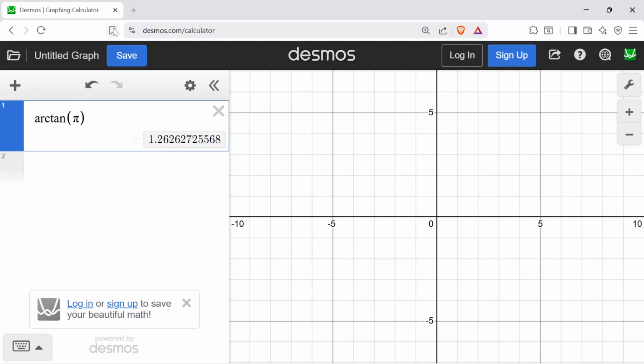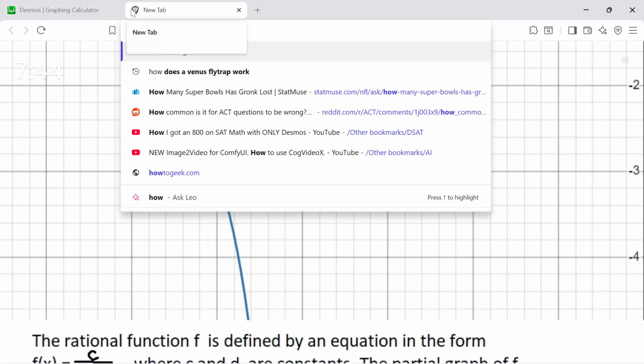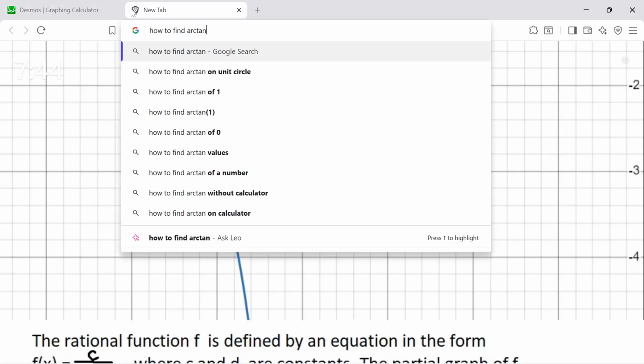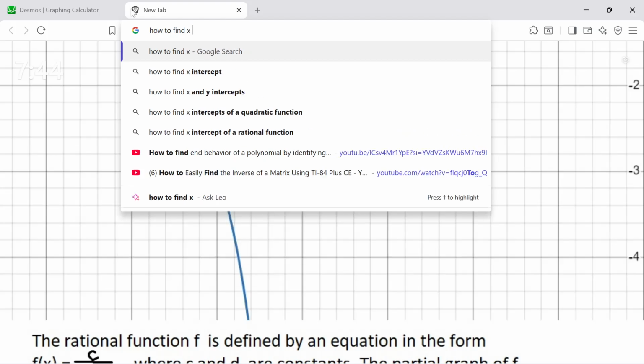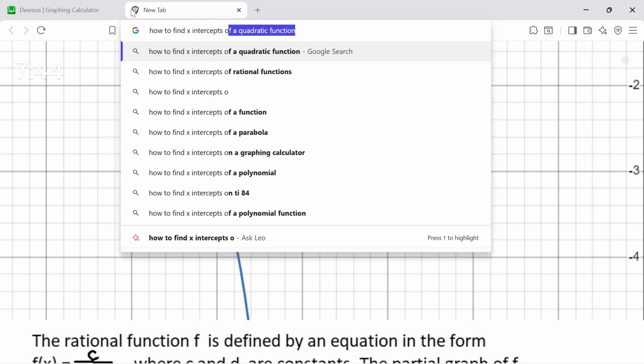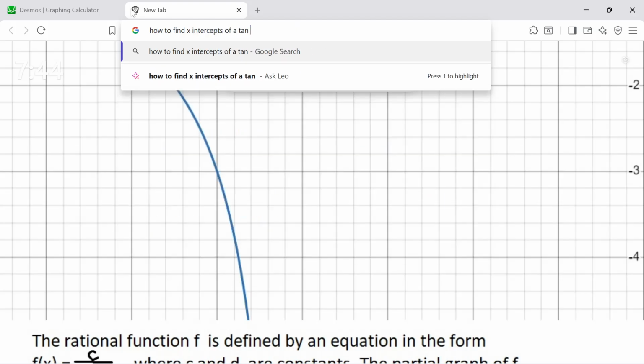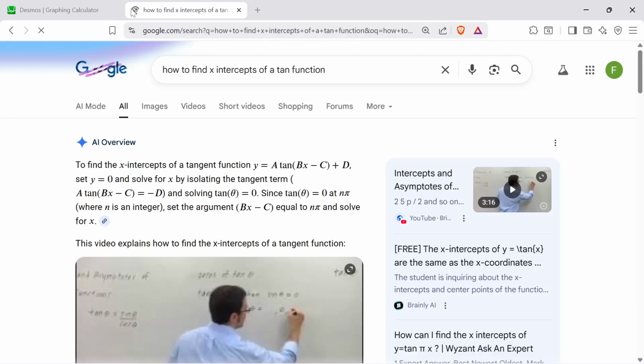Well, let me double check it. How to find arctan, how to find x-intercepts. I've forgotten something of the tan function. Let's see what it says. I did something wrong. Finding x-intercepts, set y equals 0. Yeah. Solve for x by isolating the tangent term. Okay.